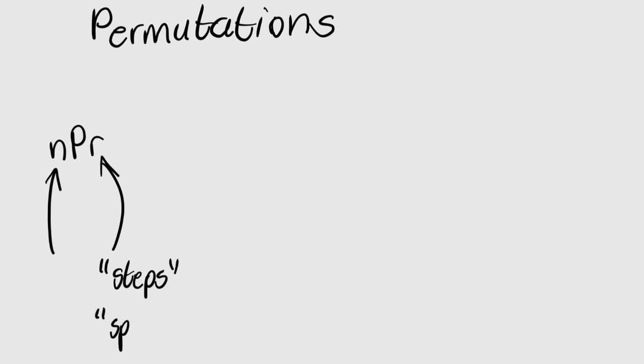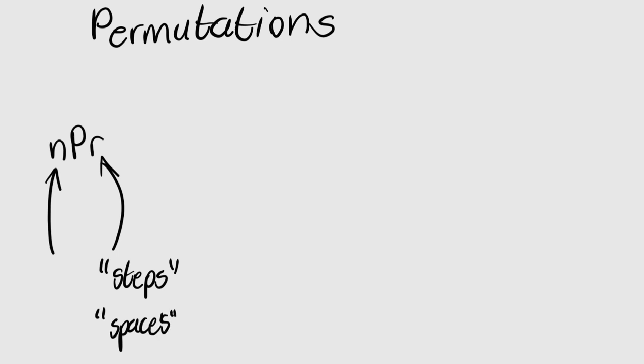The permutation formula is as follows. It's n, and this is the notation for permutation. The n is the total number that you can choose from. R is the number of steps or the available spaces, right?